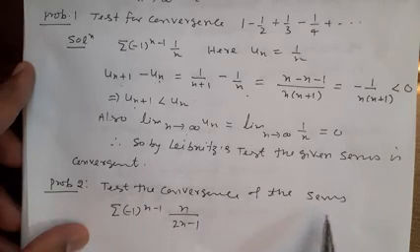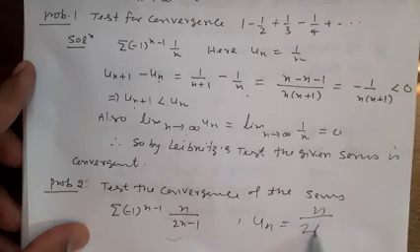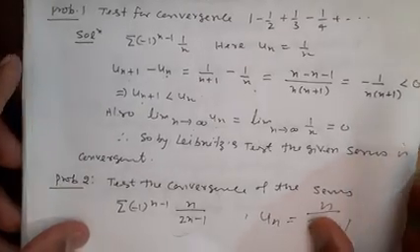Test the convergence of this series sigma (-1) to the power n minus 1, n upon 2n minus 1. So here un is n upon 2n minus 1.